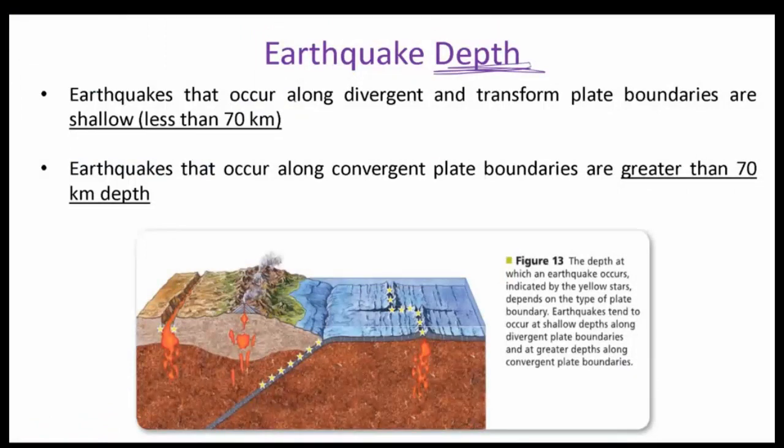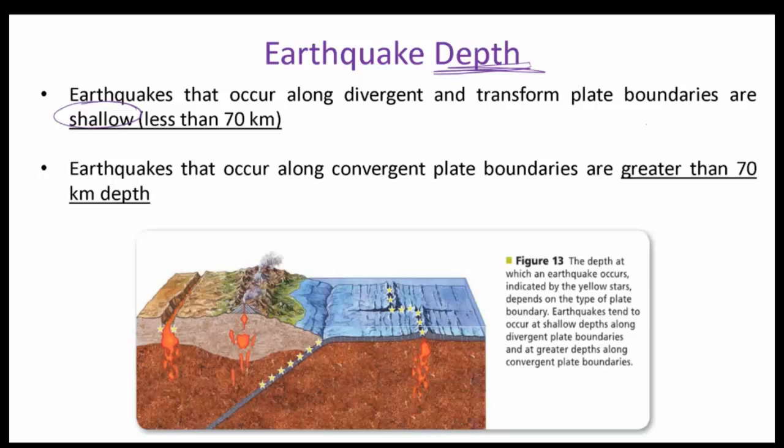Earthquakes that occur along divergent boundary or transform boundary, divergent boundary like the MOR, transform boundary like the boundary in California, the San Andreas fault, around this San Andreas fault, that's a transform boundary. These earthquakes are shallow earthquakes.